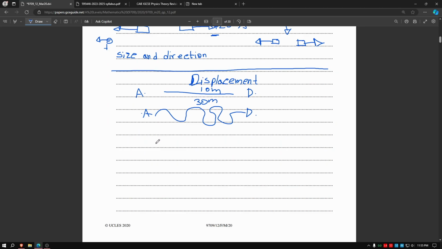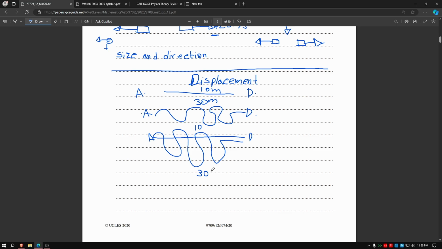So this is what displacement is about. It does not matter what path you take. Like they have asked in the question, go from A to B. Even if you take this convoluted path, the displacement will always be the straight line going from A to B. So the straight line will be 10 and the distance will be 30.